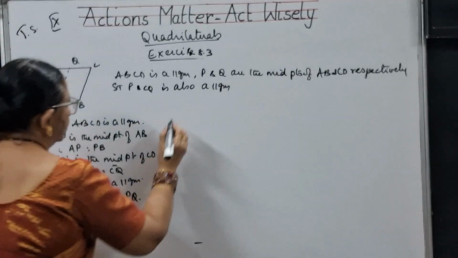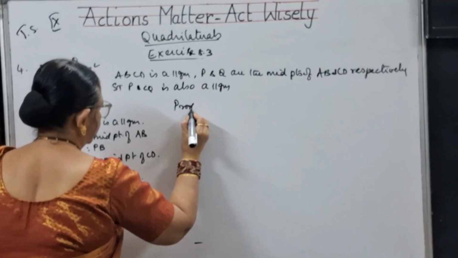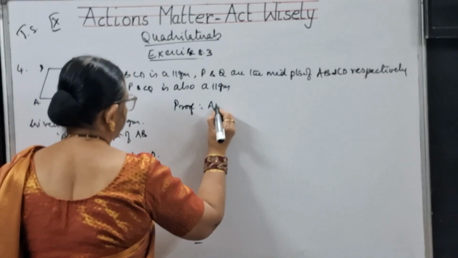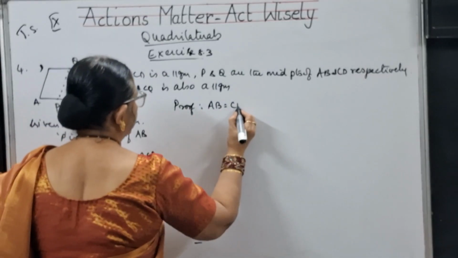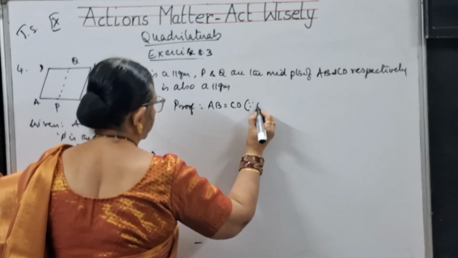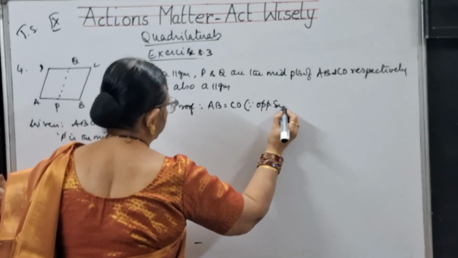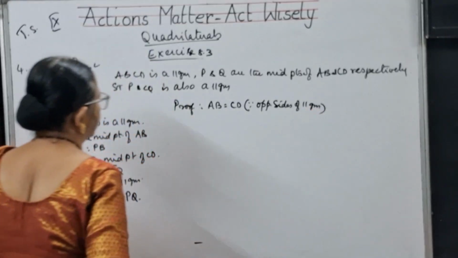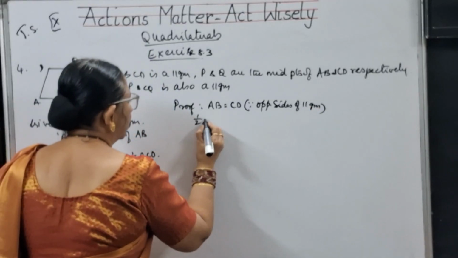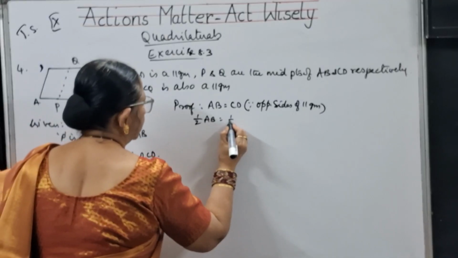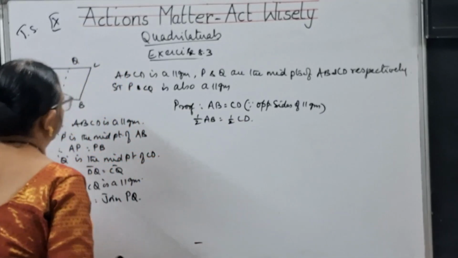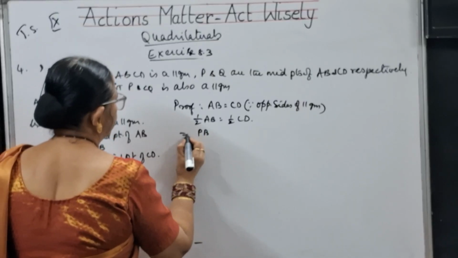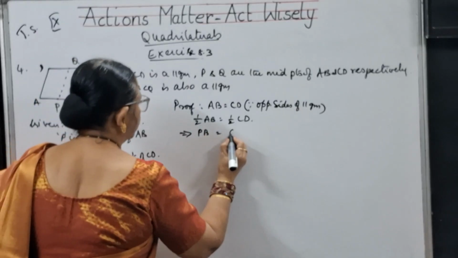So, proof. Now, we know that AB is equal to CD because they are opposite sides of a parallelogram. That means half of AB will be equal to half of CD. What is half of AB? That is PB. This implies PB is equal to QC.